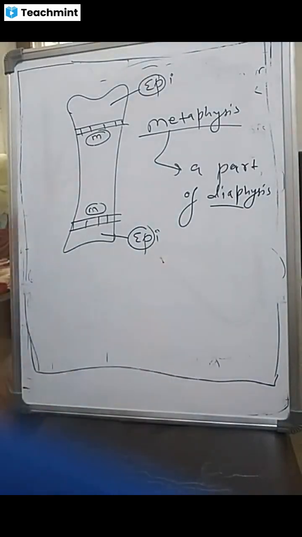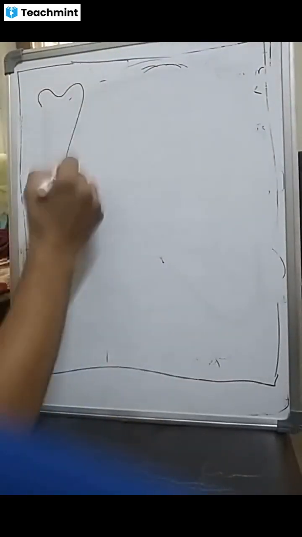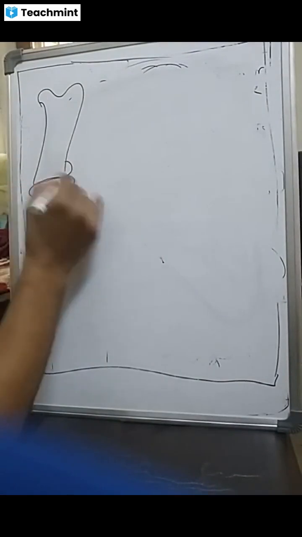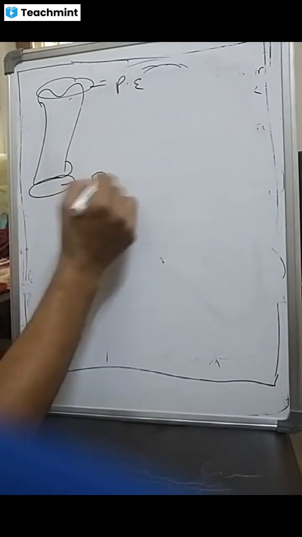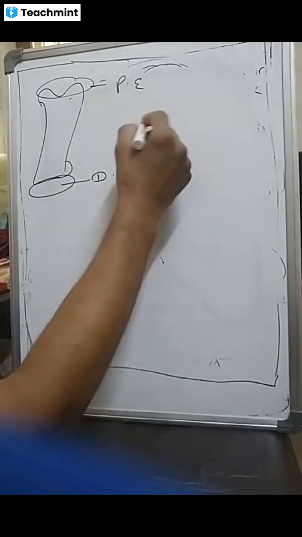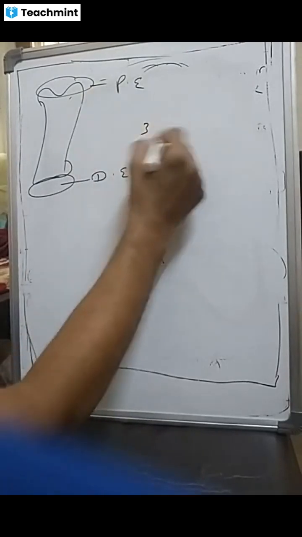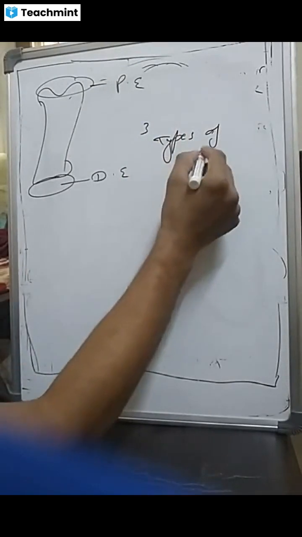So first we'll start with the epiphysis. What are epiphyses? We have proximal epiphysis and distal epiphysis. There are some types of epiphysis.